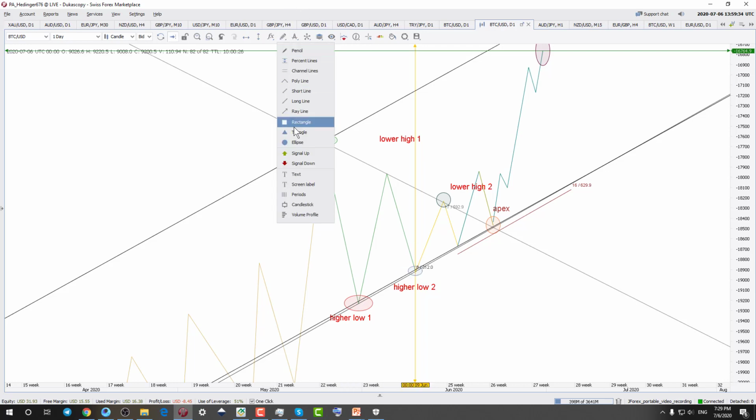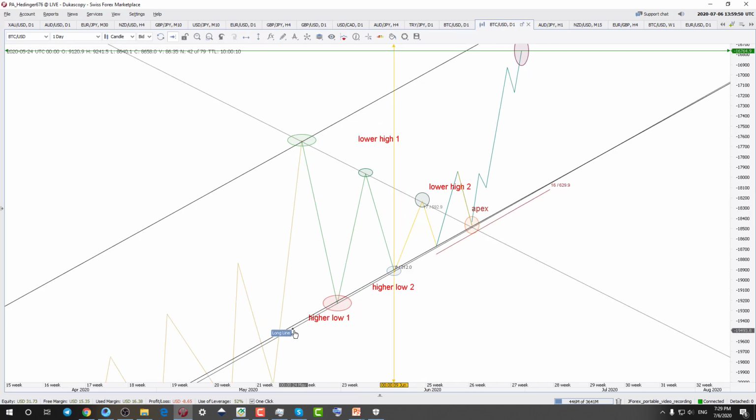This was the high. When we join these two lower highs, this line is formed, and when we join these two higher lows, an uptrending line is formed. Now I must delete this one.